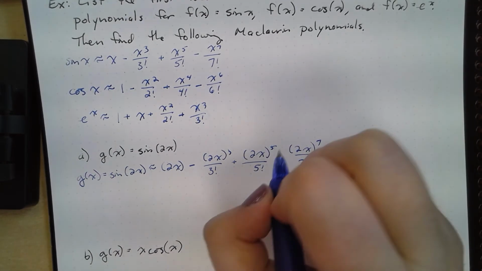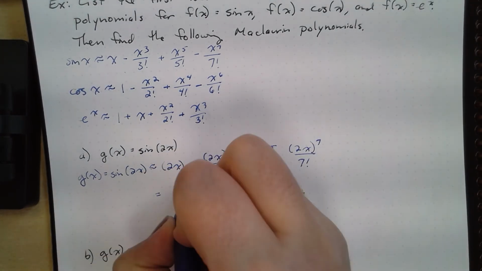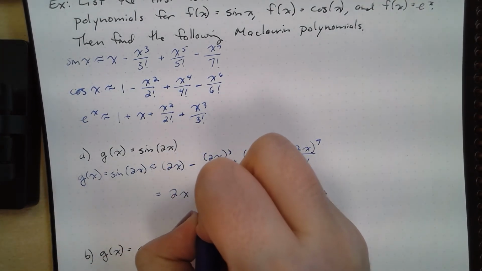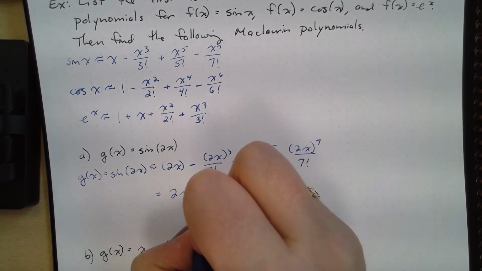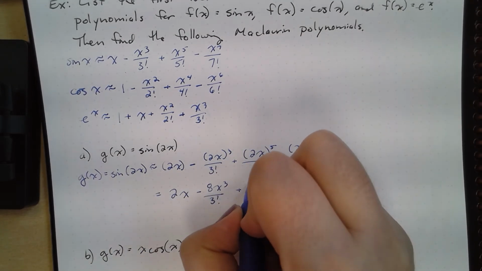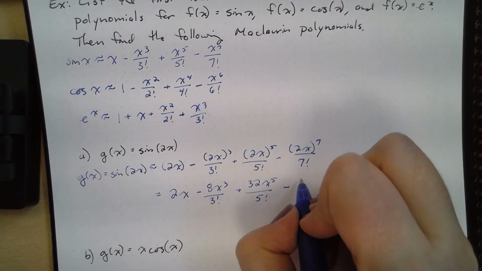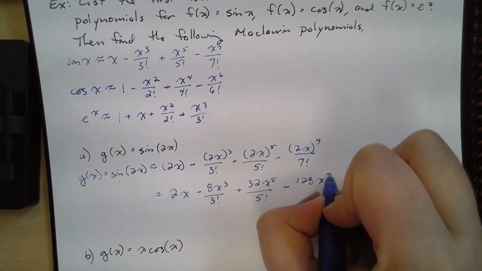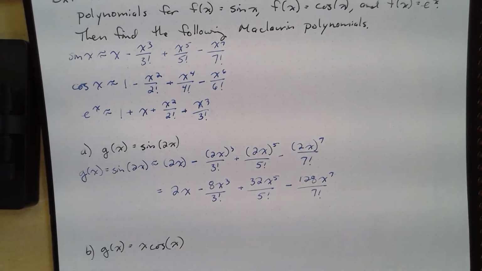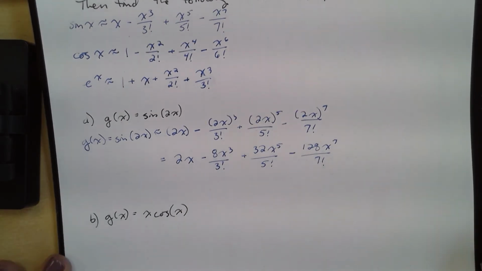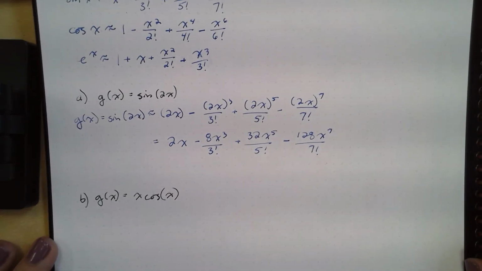And if I want to, I could expand this out, and that's equal to 2x minus 8x cubed over 3 factorial plus 32x to the 5th over 5 factorial minus 128x to the 7th over 7 factorial. Okay, simple, easy.